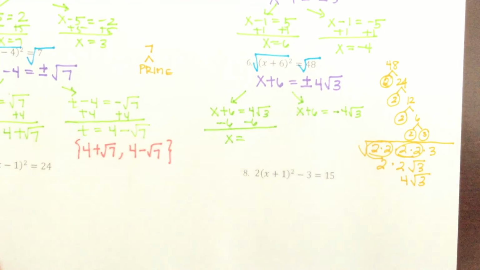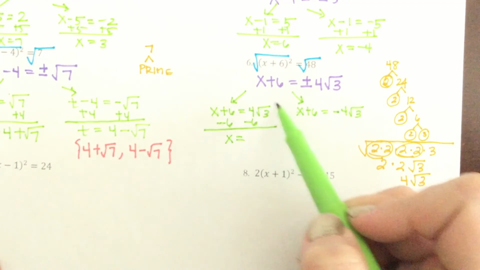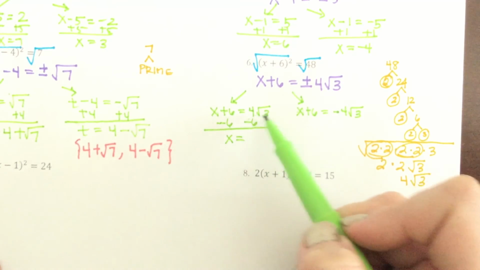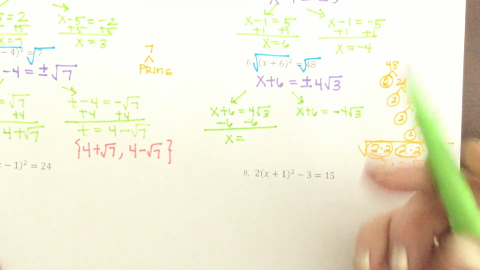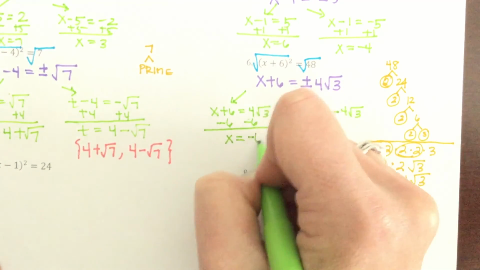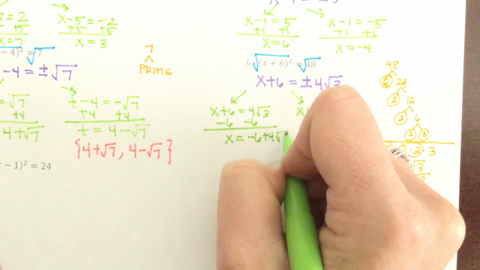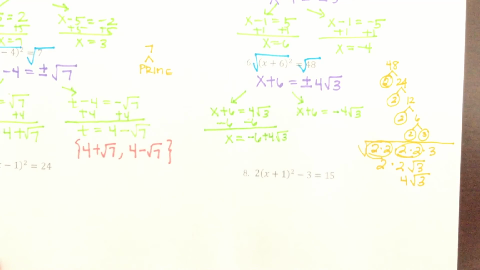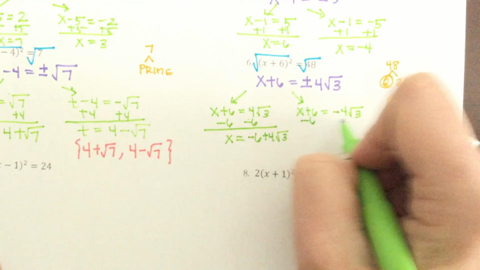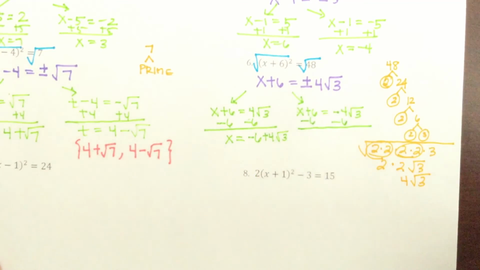So x is equal to, remember that we cannot combine these things because this term has a radical and this one does not. We typically write the whole number part first, followed by the radical. So we have a -6 and a positive 4 square roots of 3 here. On the right-hand side, we're going to subtract 6.